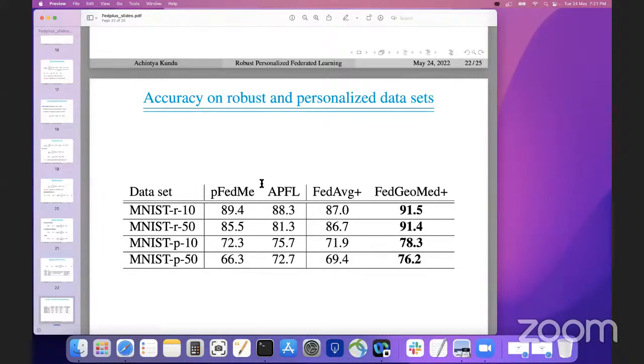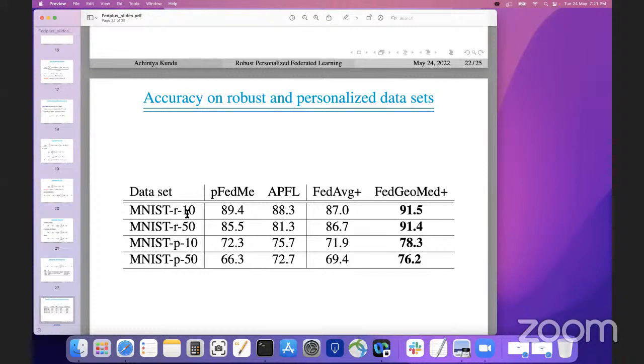Yeah, so the whole data set has images of digits 0 to 9. You equally partition the data set into 10 different clients. So each one has IID data as of now, right?